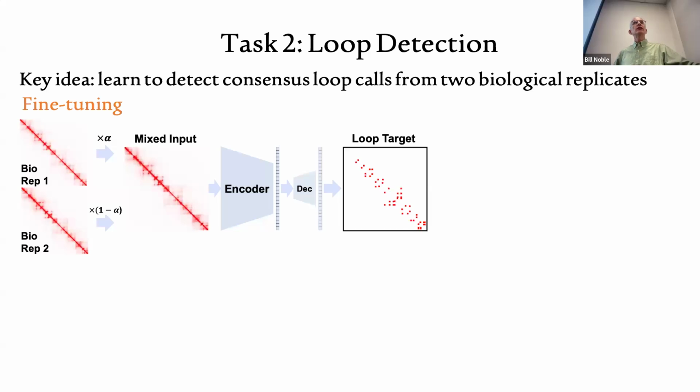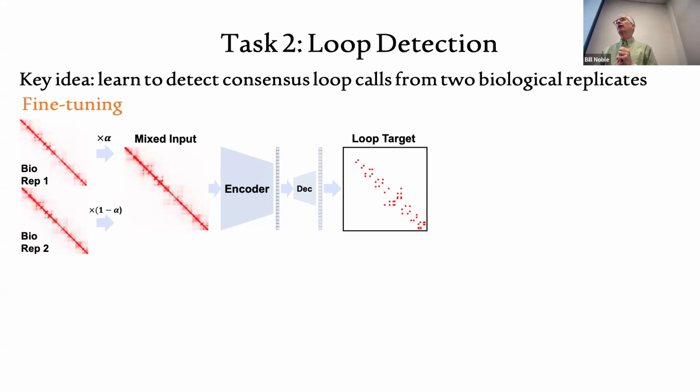The idea here was that we were going to take biological replicates and train our predictor to be consistent across different mixtures of two biological replicates. So you make a sort of pseudo gold standard by combining the two replicates and then running an existing loop caller. We used one called HiCCUPS to call loops. And then you're basically downsampling, giving it much less data, but different mixtures of the two replicates and trying to train the model to always make those same predictions again.